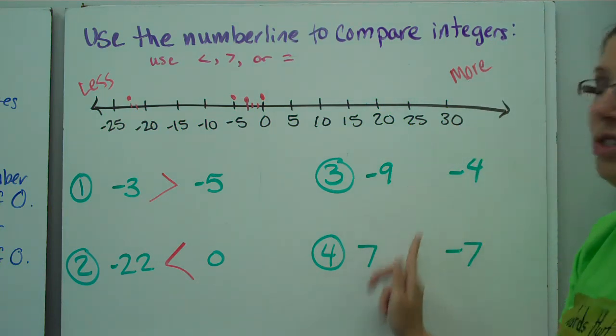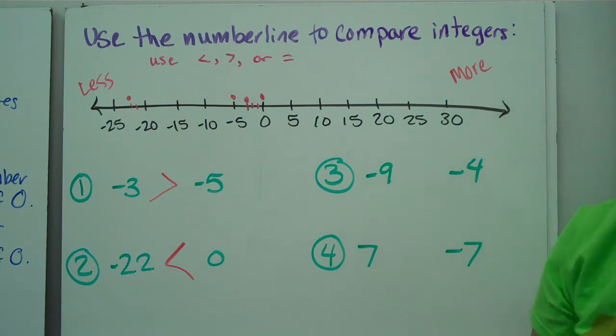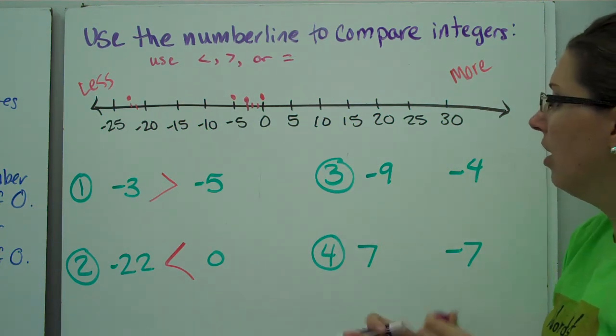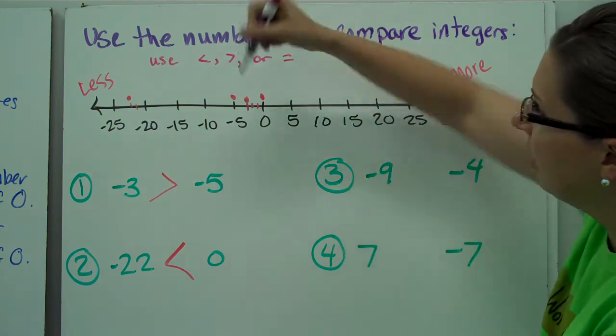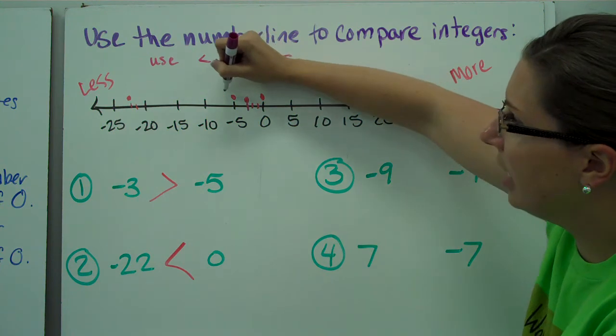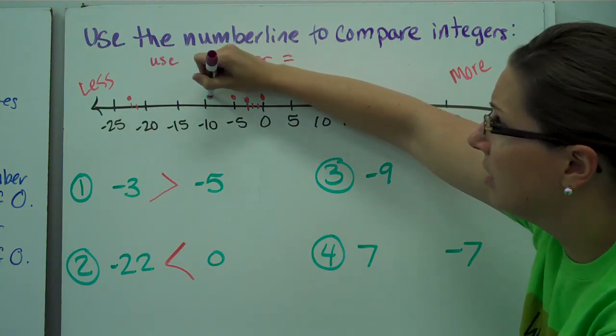Why don't you try these two numbers here on your own while I grab a different color to write with? Okay, we've got -9, just going to be over here, past -5, almost to -10, but not exactly.